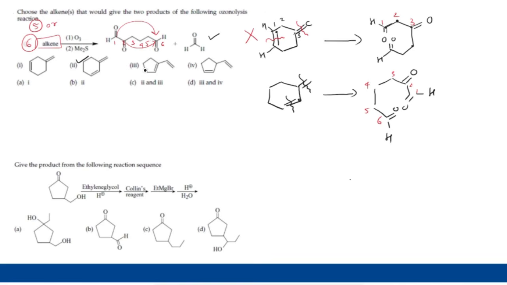But let's check for 3 as well. When we do the ozonolysis of this molecule, you see this will form the formaldehyde. What about this part? Just check if aldehyde and ketone will be adjacent. Yes, that is correct. You can see that the aldehyde is formed over here, right? So the endocyclic bond, you can call this endocyclic because it is within the molecule, right?